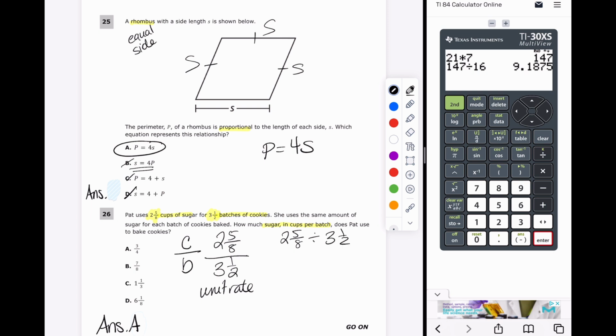Let's change these to improper fractions. With the first one, 8 times 2 is 16, plus 5 is 21/8, divided by 7/2. Let's put our reciprocals in. So I'm going to change it to a multiplication sentence. And 21 times 2 is 42. So now I have 42 over 56.